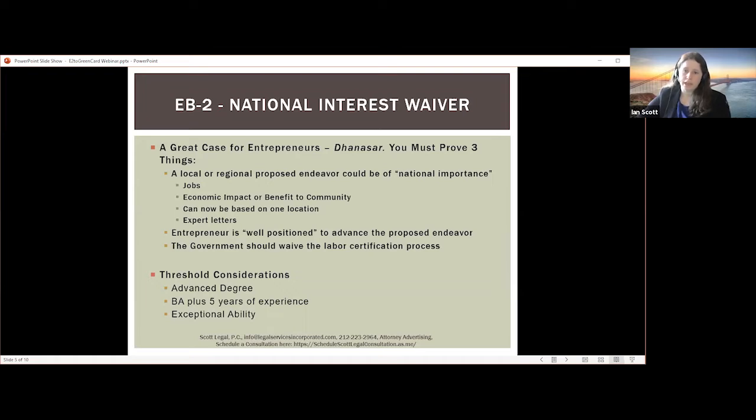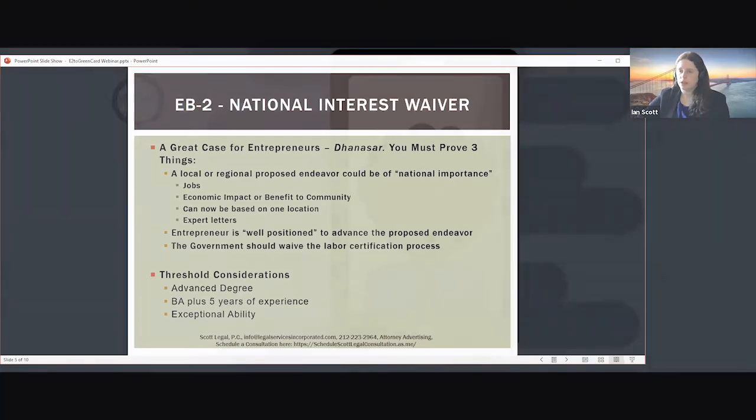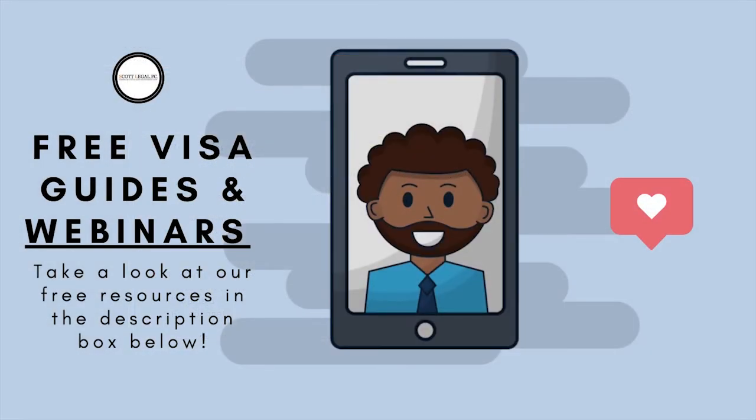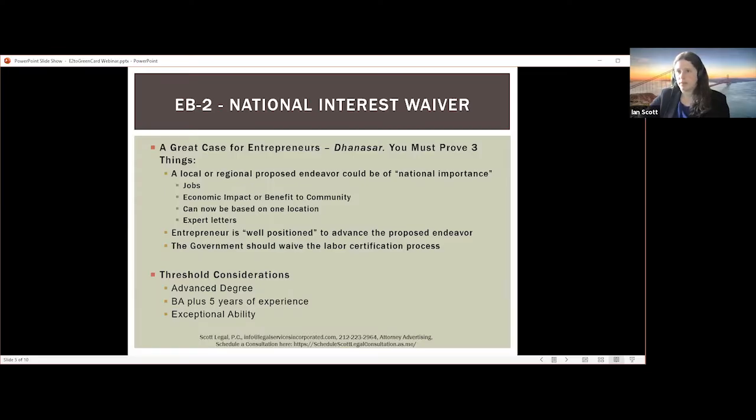When we're looking at national importance, the government is going to consider the potential future impact and its importance to the United States. One of the things in Dhanasar that was really helpful is they talked about how a local or regional proposed endeavor could still be of national importance. For example, the creation of jobs in an area that has poor employment figures.